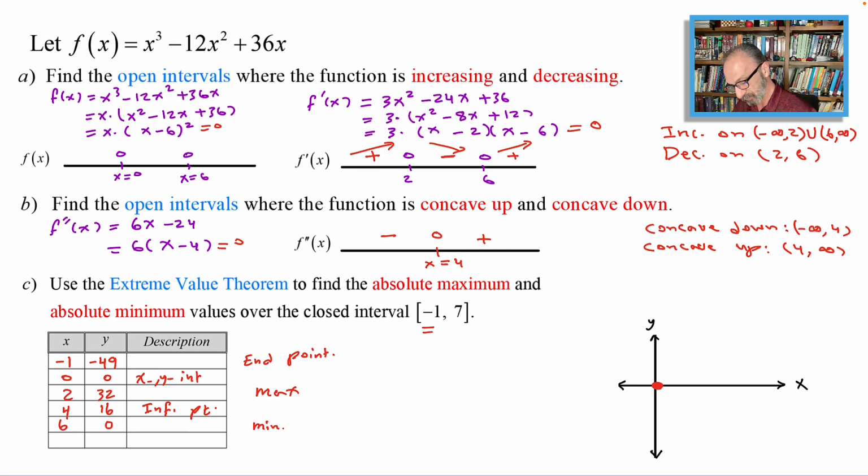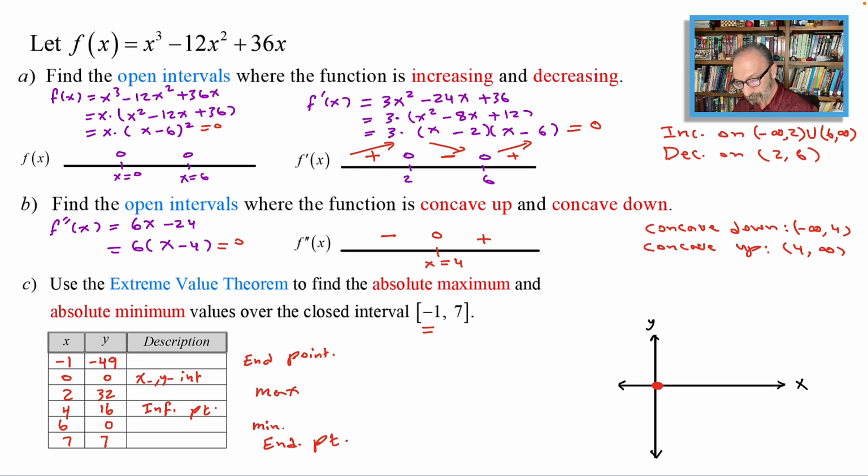Finally, an endpoint at x equals 7. That's this point right here. The value of the function is also 7. And that's an endpoint.